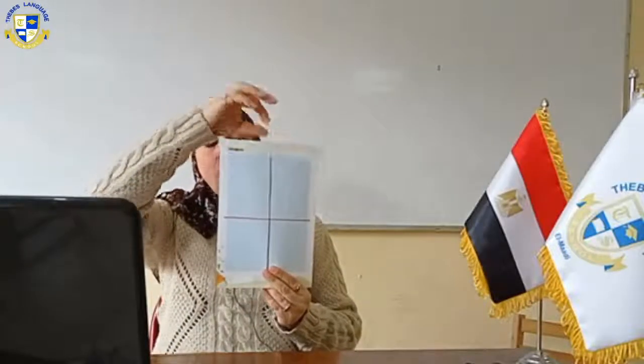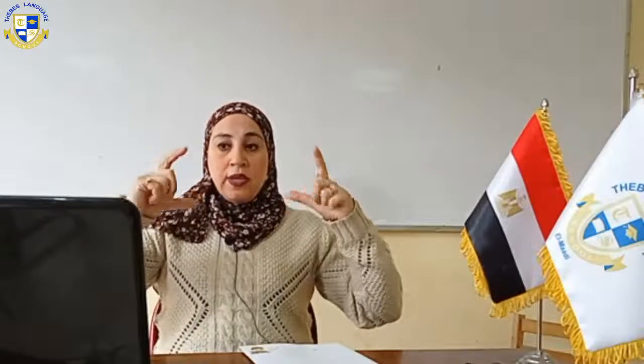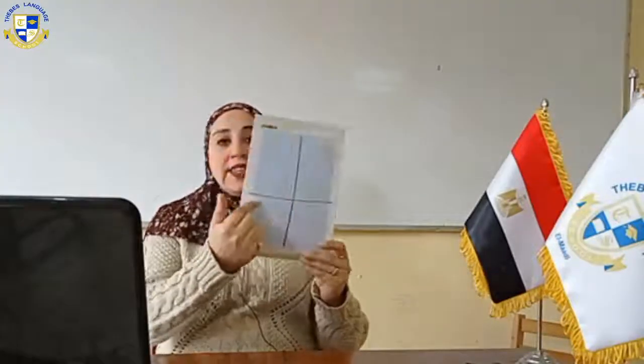We said this red one is x and this black one is y. Each point has two numbers between the brackets, for example, the point A, which is (x, y). The first number is always from the x-axis, and the second number is always from the y-axis.